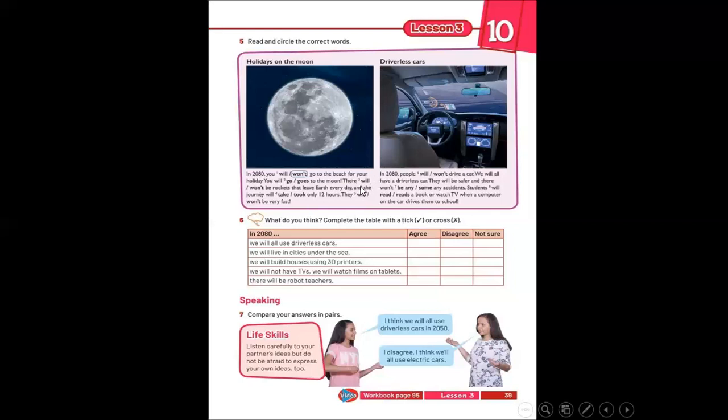So again, there will or want to be rockets that leave Earth every day. You give a prediction about the future by using will. So there will be rockets that leave Earth every day.